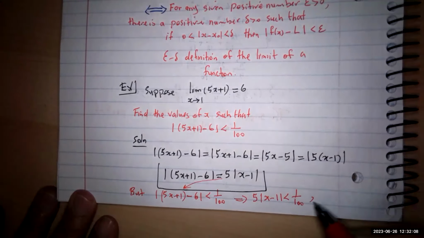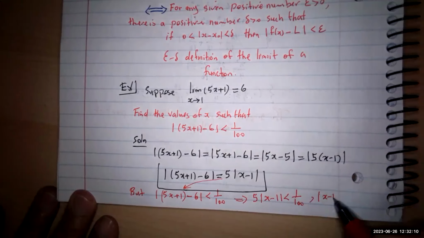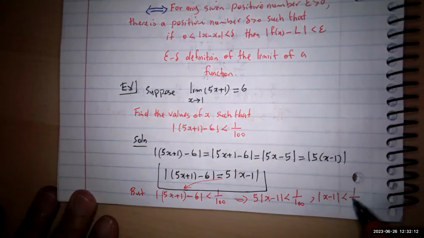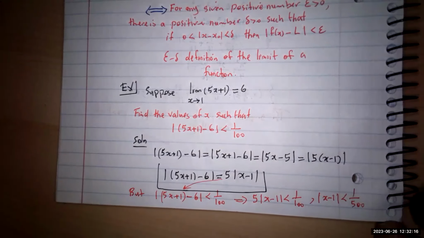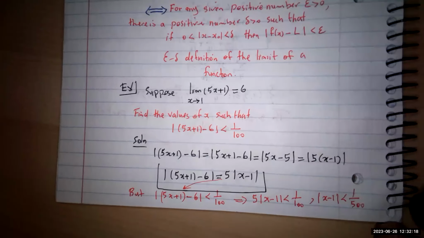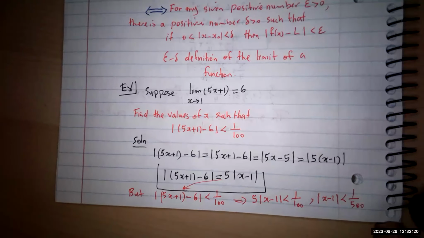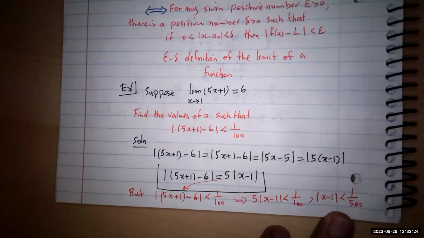So the absolute value of x minus 1 is less than 1 over 500. Any question? And 1 over 500, if you multiply the top and the bottom by 2, gives 2 over 1,000, which is 0.002.